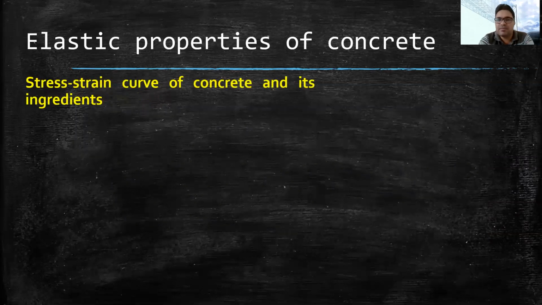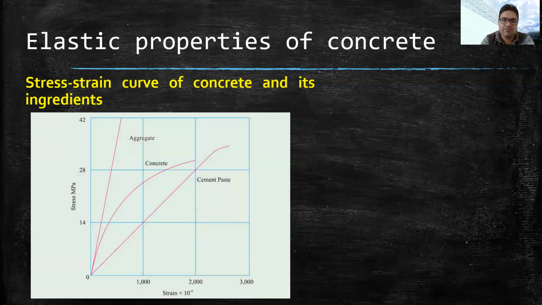But if we see the stress strain curve of the ingredients of the concrete, then we see that they are very different. For example, if we draw the stress strain curve for the aggregates, you can see they are following a linear path. Similarly, if we draw the stress strain curve of the cement paste, it also follows a linear path.